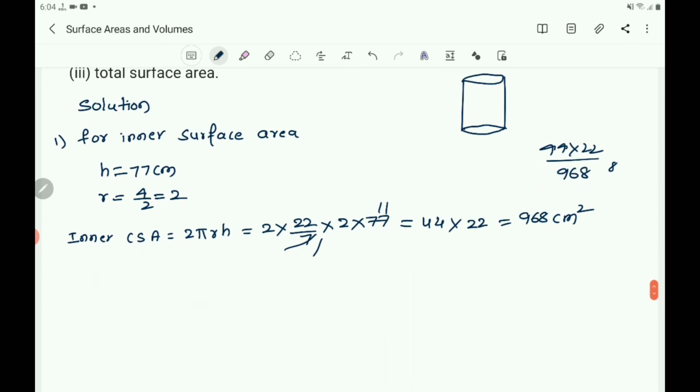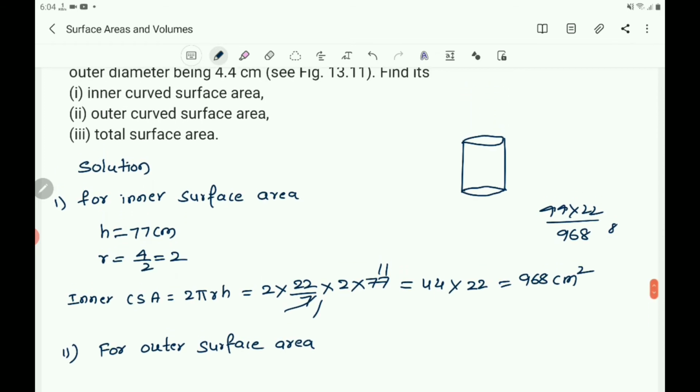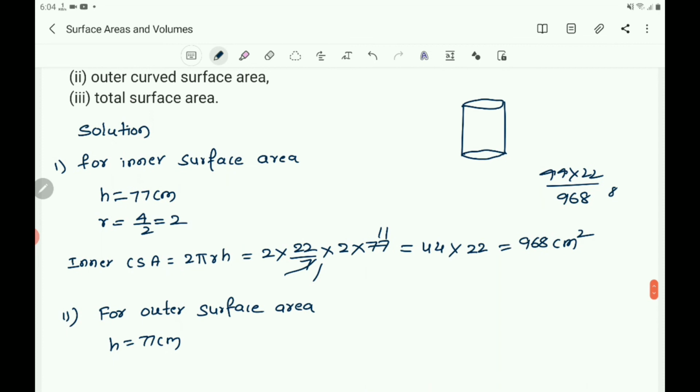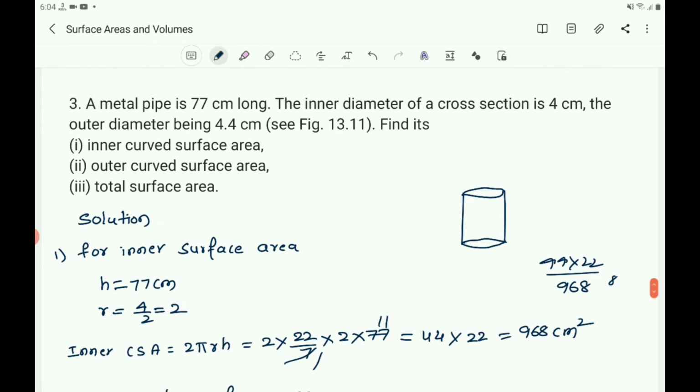Second, for outer surface area, again h is the same, that is 77 centimeter, and the outer radius is half of its diameter.